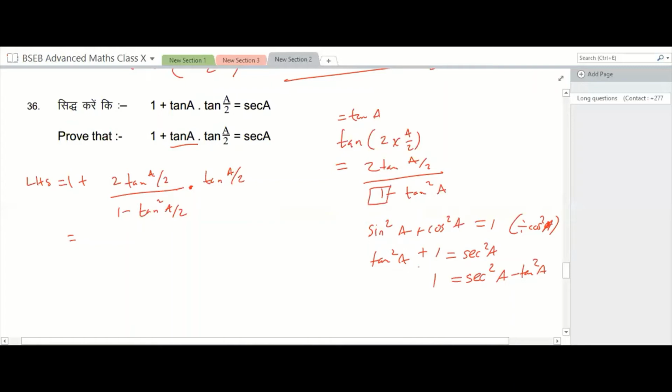So if I replace the 1 with sec squared A minus tan squared A, no, let's just keep it as 1 minus tan squared A. We know that tan squared A plus 1 is sec squared A.